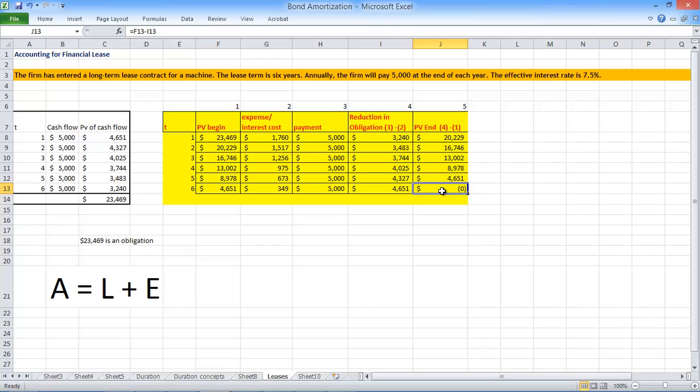Okay, so your obligation has gone down to zero. You don't owe anything, and you remove your assets and you have paid off your liability. At the end of year six, you have no more obligation, so you close the books, and that's pretty much about it.